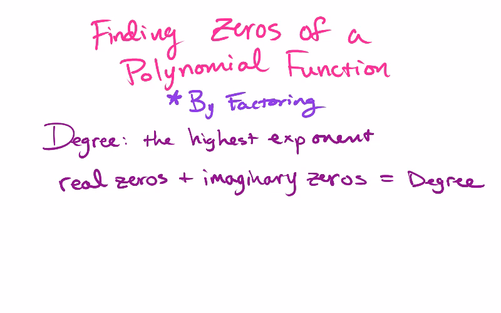So if the degree is 4, then all our zeros combined should add up to 4 zeros. So we want to make sure that we're finding as many zeros as we need to, and not any more and not any less. So let's give it a shot.